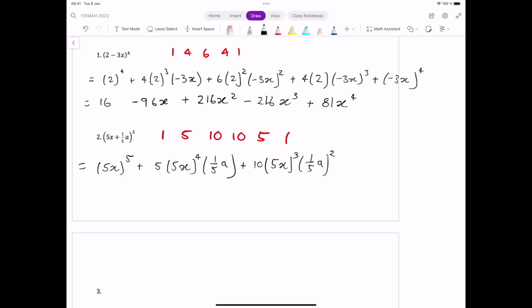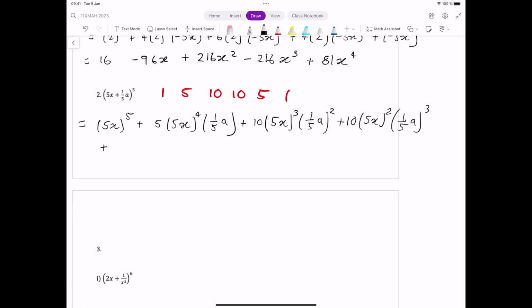Making sure we're putting the 1/5 as squared as well, not just the a, plus 10 times by 5x to the power of 2, 1 on 5a cubed, almost there, plus 5 times by 5x, 1 on 5a to the power of 4, plus 1 on 5a all to the power of 5.